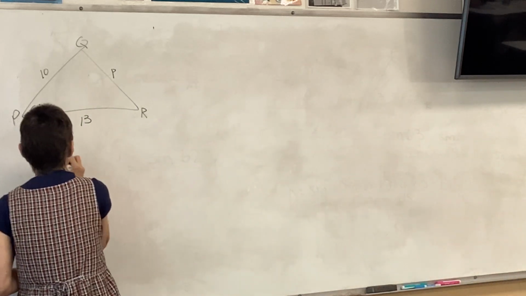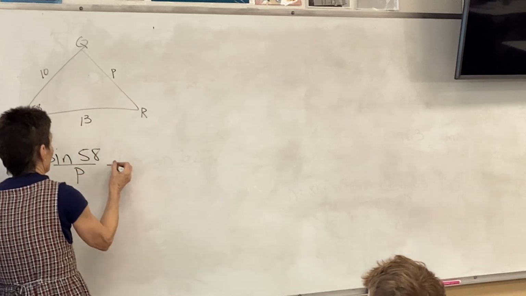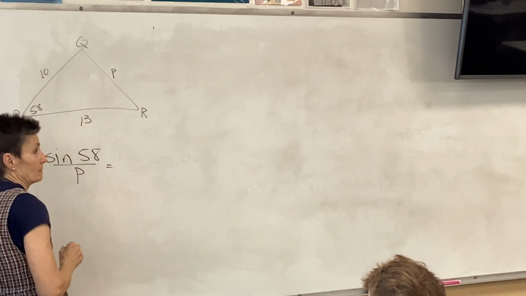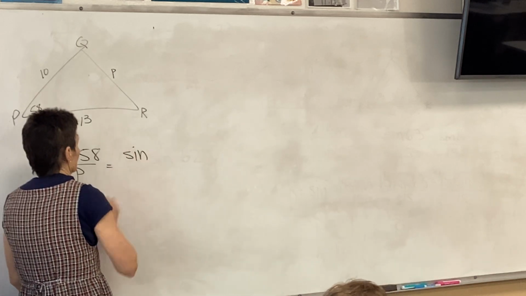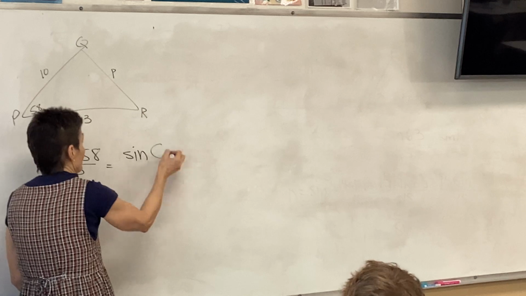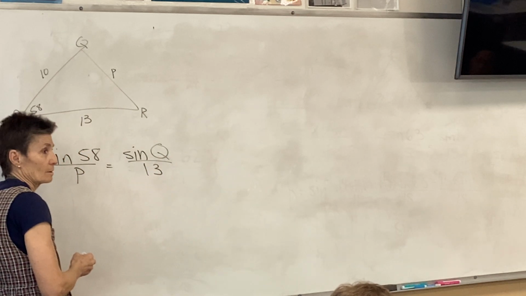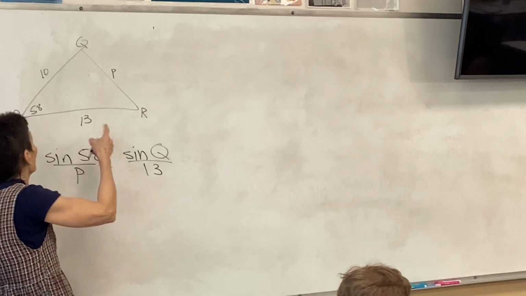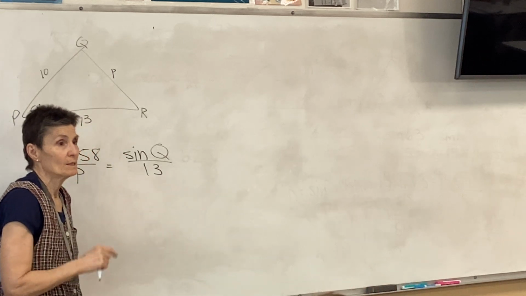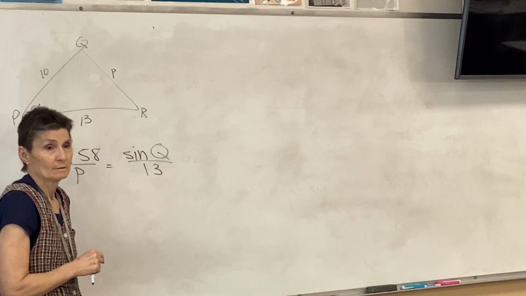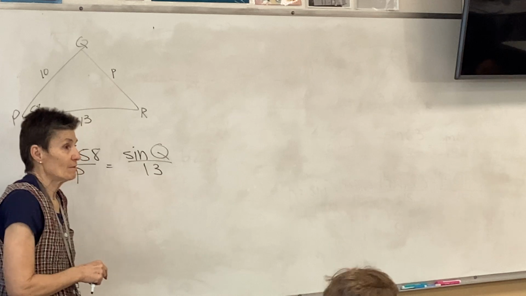Sine 58 over P equals Q over 13? Nope. Could I have said R over 10? Absolutely. But either way, I'm gonna have the same problem. What's the matter? Too many variables, right? Too many variables.